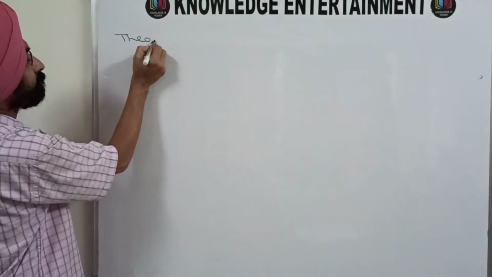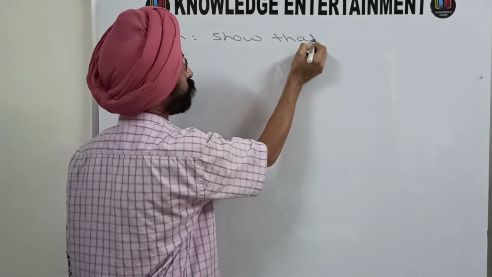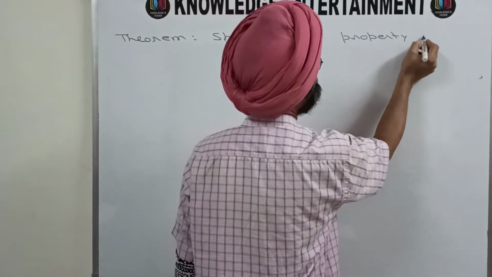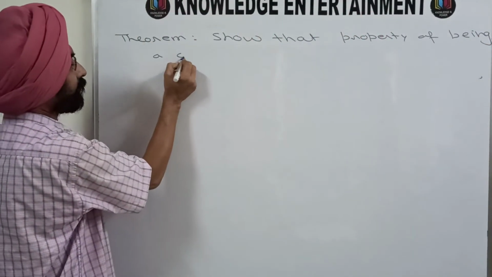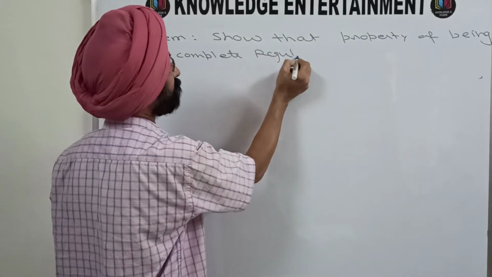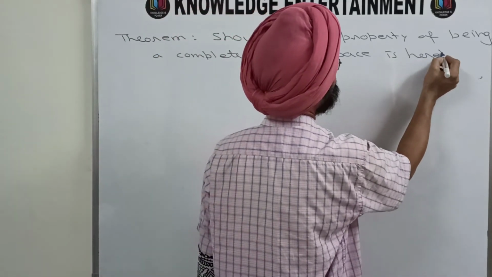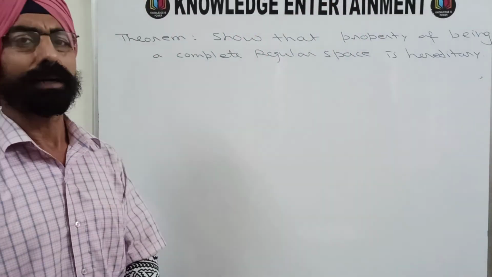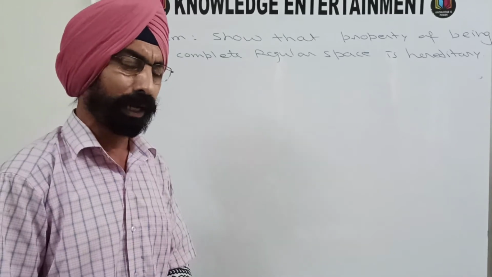Theorem: show that the property of being a completely regular space is a hereditary property. That means a subspace of a completely regular space is also a completely regular space. This is what we are going to prove now.